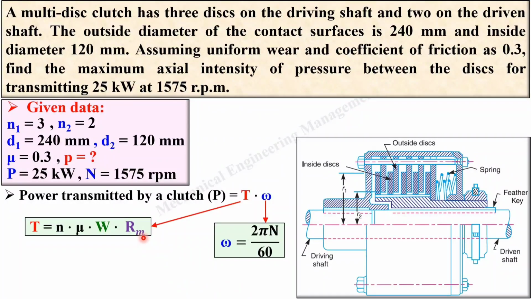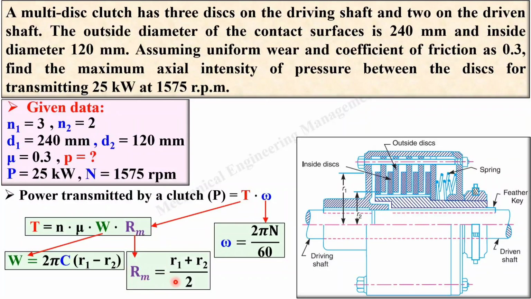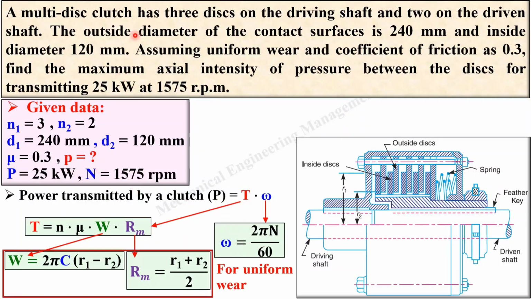But here you don't have W as well as Rm. But you know that for W this is the equation, and for Rm this one is the equation. Both these equations are actually for the uniform wear theory only. So this is the simple introduction of the planning of the given problem.